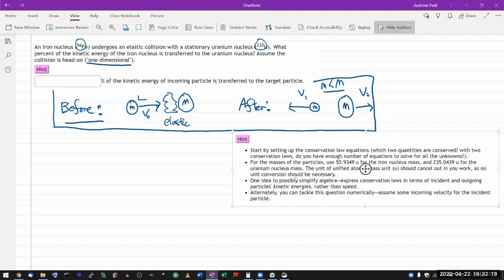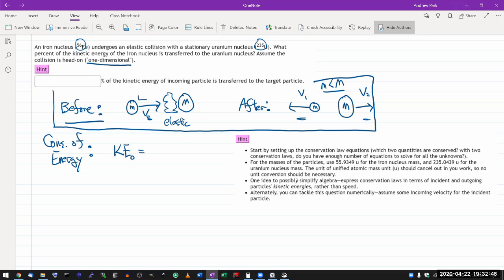It says start by setting up the conservation law equation. Yeah, I think I was going to do that. So let me do conservation of energy. It's an inelastic collision. That is the one thing that you are given. Which means the initial kinetic energy of the colliding mass, K naught, can only go into kinetic energy of the two outgoing masses.